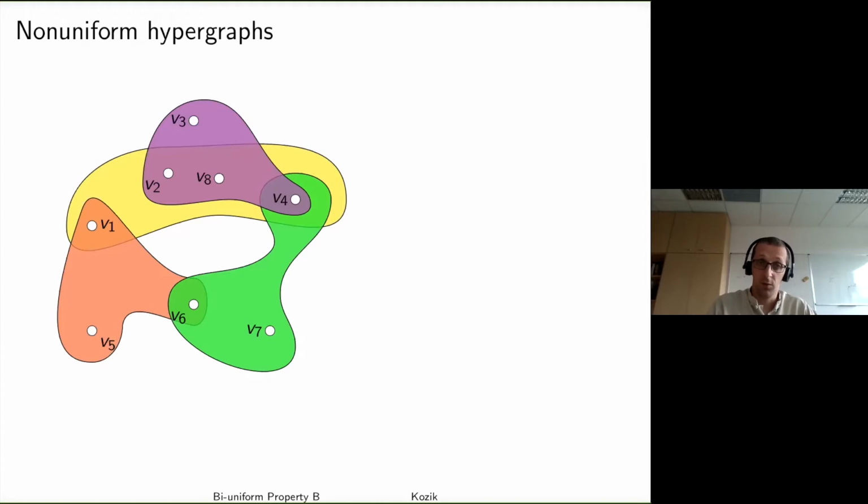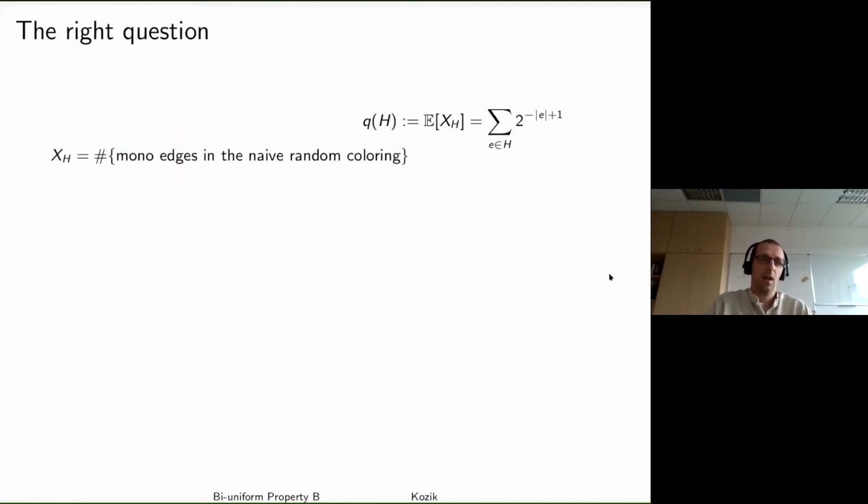Non-uniform means that we can have many sizes of edges, but still we are going to work under some constraints. Let's say that a hypergraph in which edges are of size at least k will be called a k+ graph.